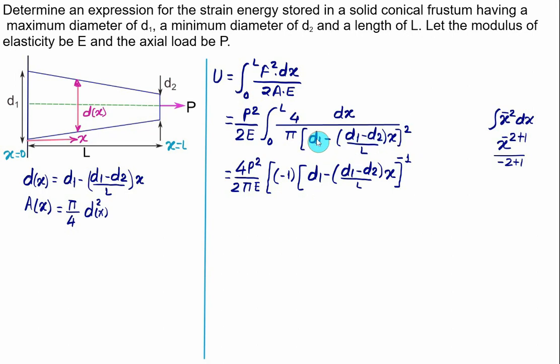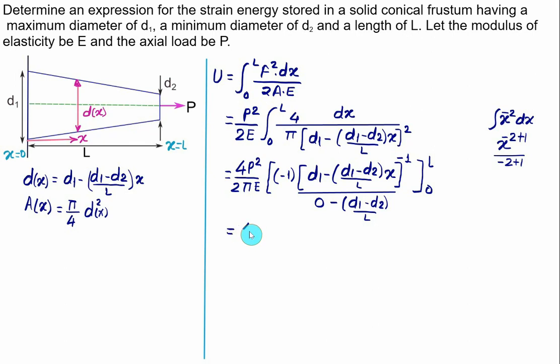The derivative of d1 is 0, and the derivative of this term is equal to minus (d1 minus d2) divided by L. So we have 0 minus (d1 minus d2) divided by L, and we have the lower limit equal to 0 and the upper limit equal to L. So this whole term will shift to the numerator, minus and minus become plus.